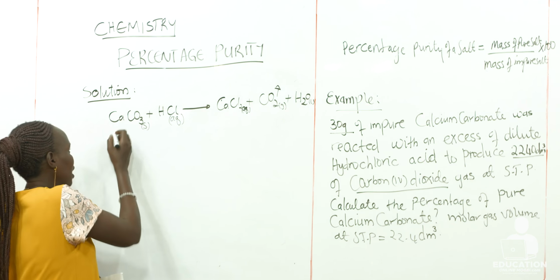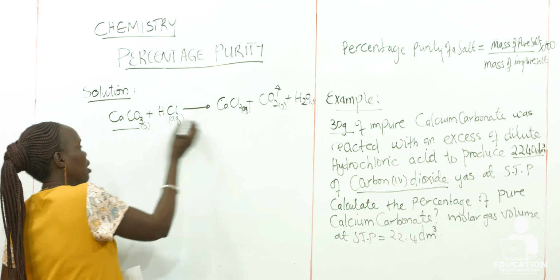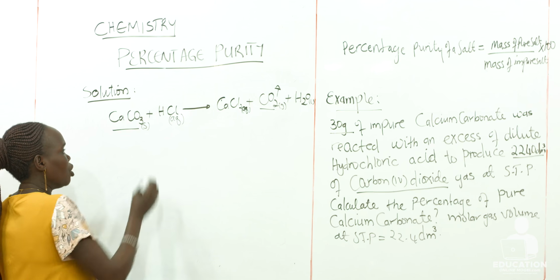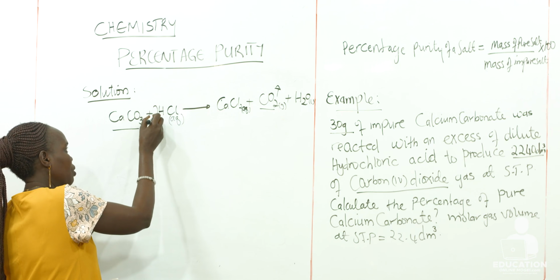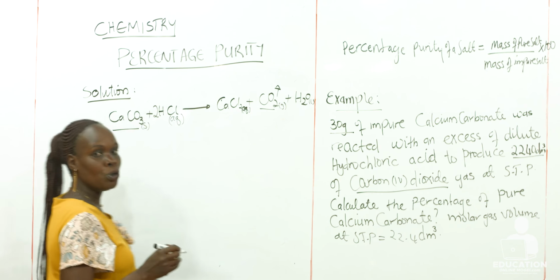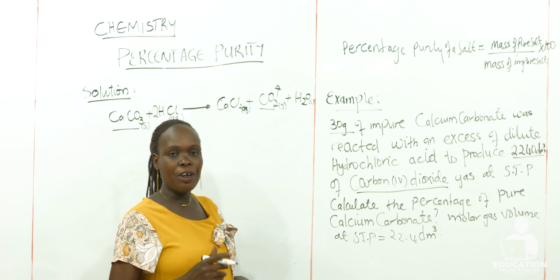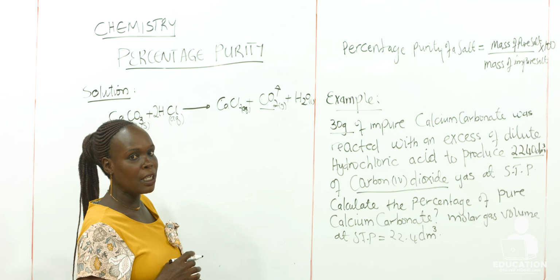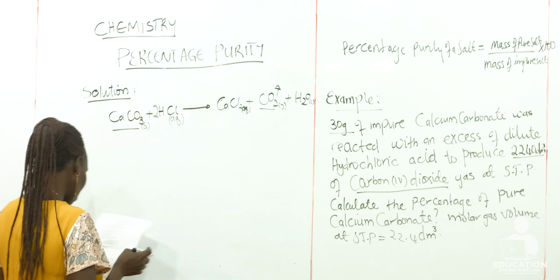What is important here is the calcium carbonate and then the carbon dioxide. Here we have to balance the equation by putting 2, as 2 moles of hydrochloric acid react with 1 mole of calcium carbonate.